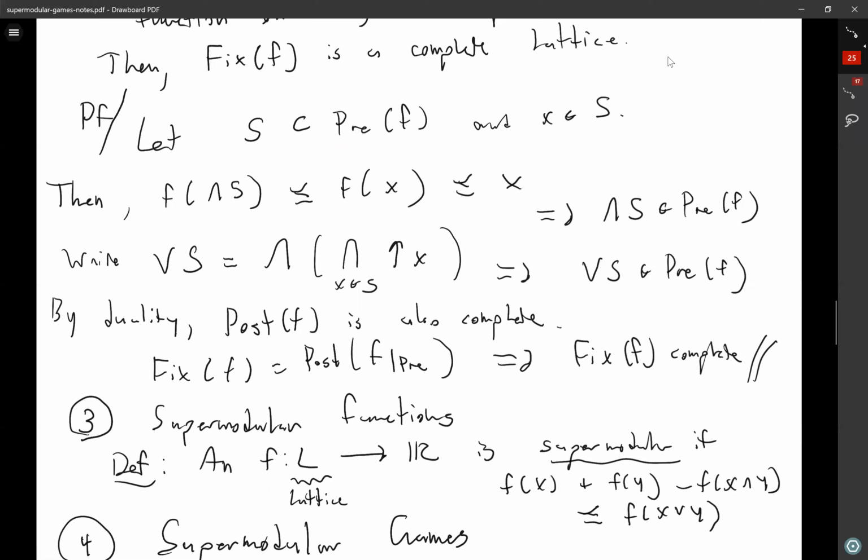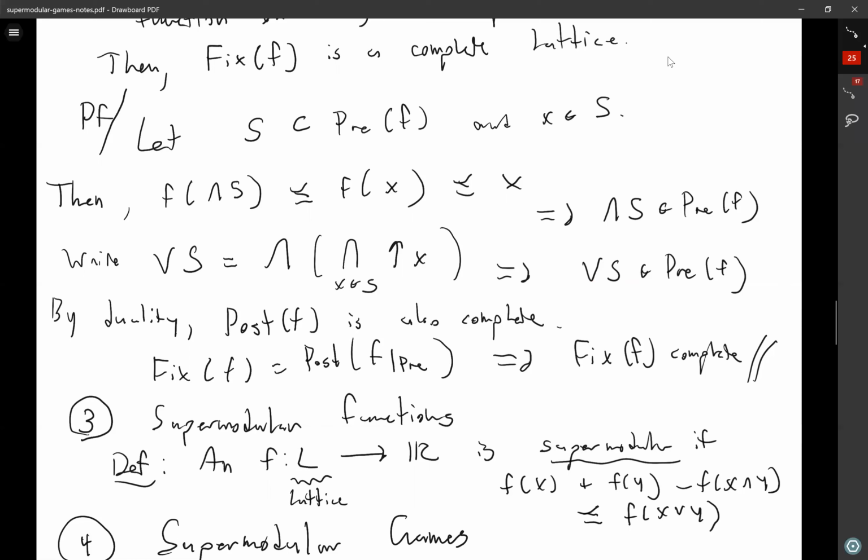It turns out for complete lattices, you can always write least upper bounds, or joins, as meets of a different set. And these exist because we have arbitrary meets. So we also have the join of S in our prefix points. But this is not what we were trying to show.